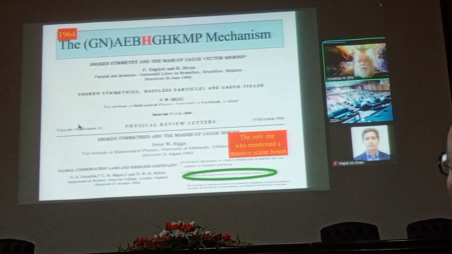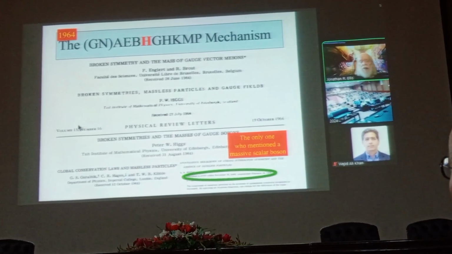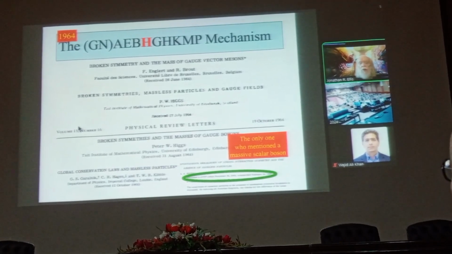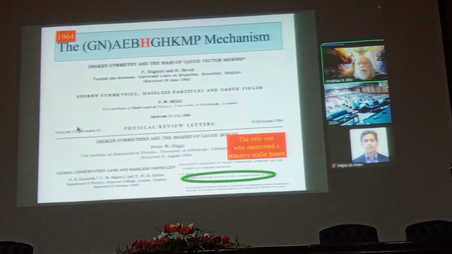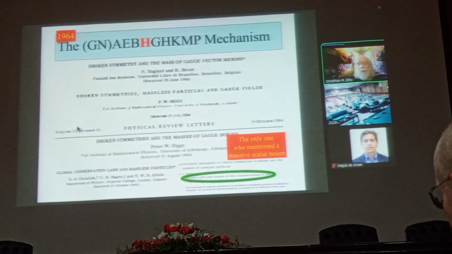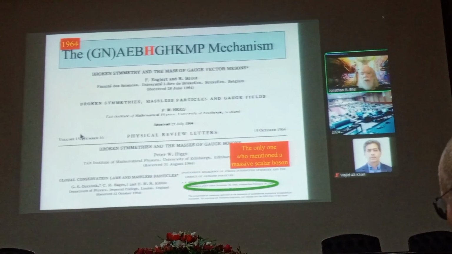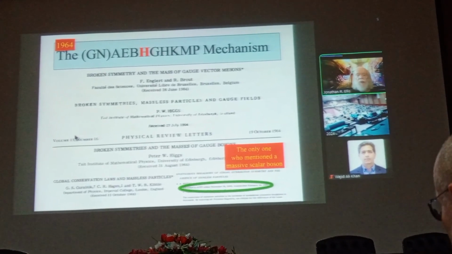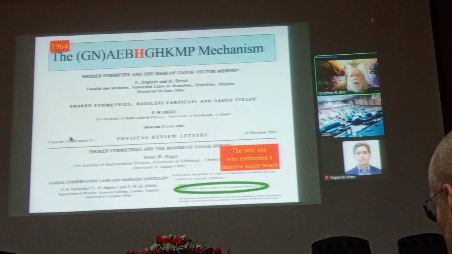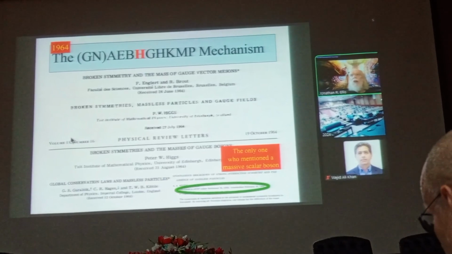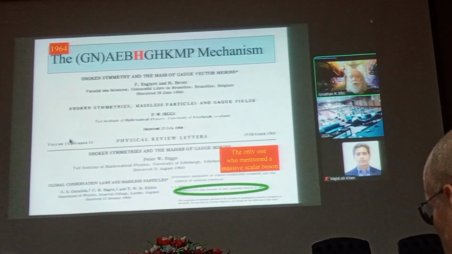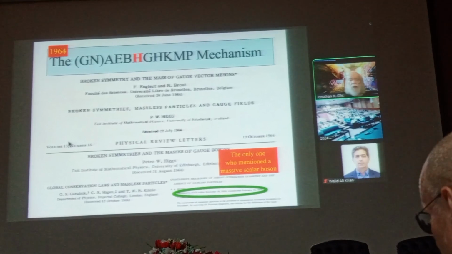And in fact, of all the people on the previous slide, Higgs was the only one who explicitly mentioned the existence of a massive scalar boson. And this proved important subsequently as being a key experimental signature of these ideas that had been proposed for giving masses to vector bosons.